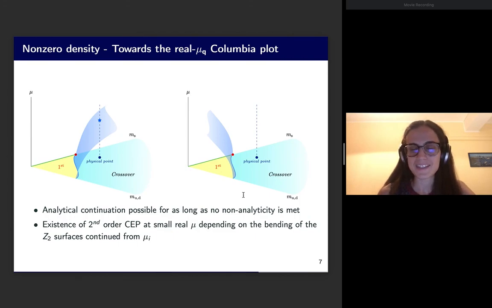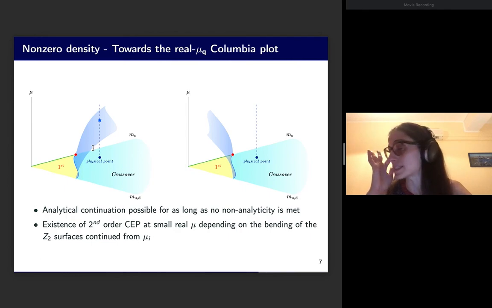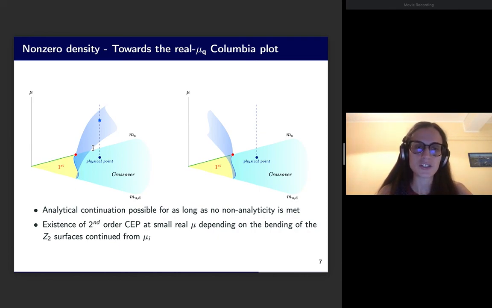Motivations, and this was referred to many times already. Why do you care about what is happening at masses which are not physical? Why do you care about what is happening at imaginary chemical potential? There is always this way of reasoning that somehow these lines that we see at mu equals 0, or whatever is happening at real mu, it all connects to what is happening at imaginary mu.